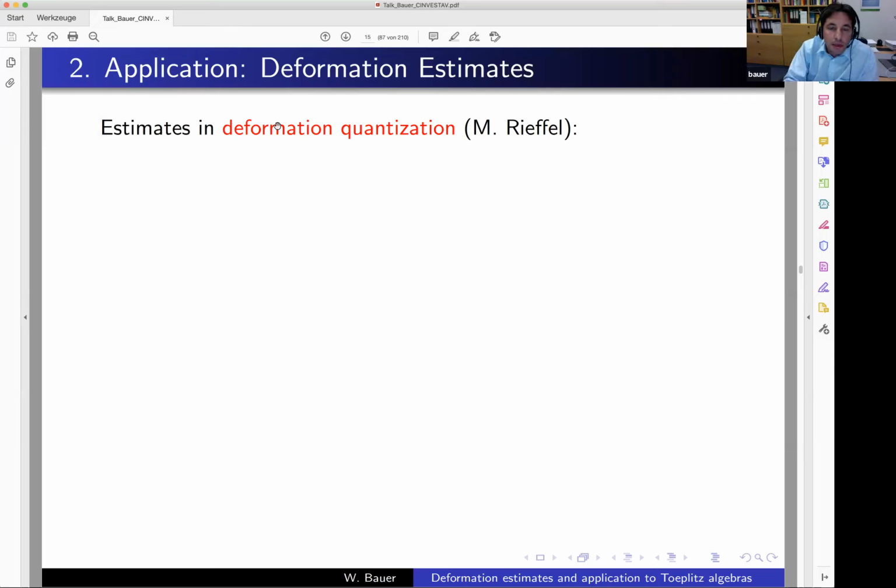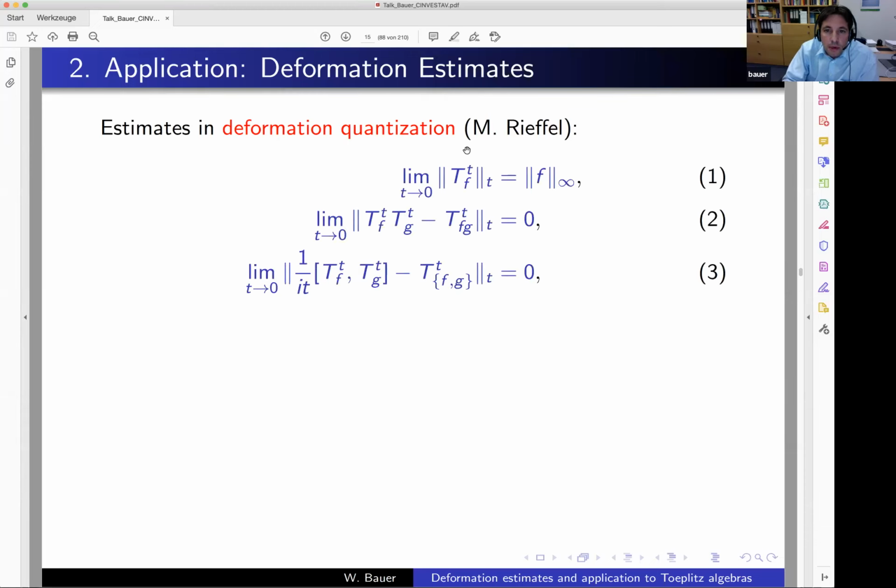The second application of this approximation theory are deformation estimates. And here I want to look at deformation estimates in the sense of Rieffel. And we look at Toeplitz operators on the Fock space still. Later on, we will do the same thing on the ball.